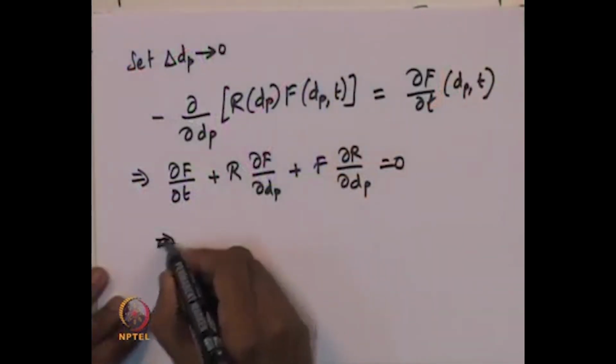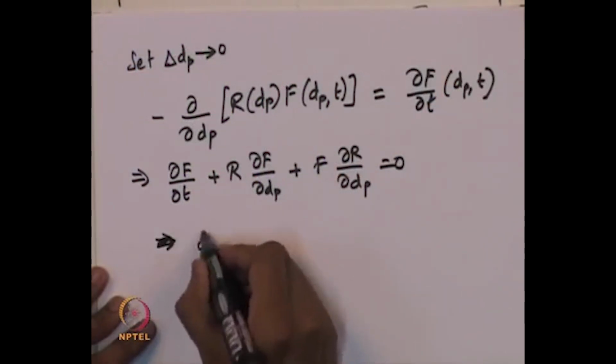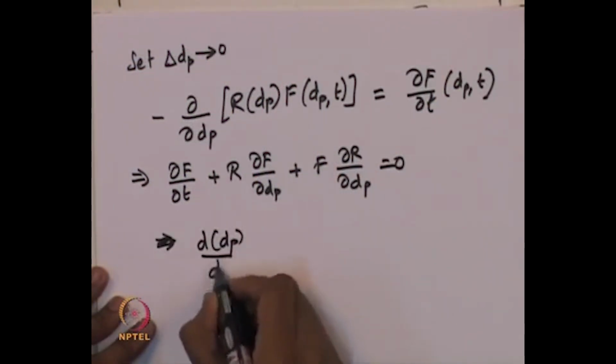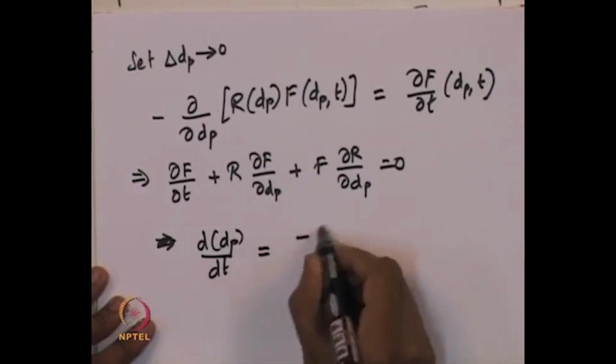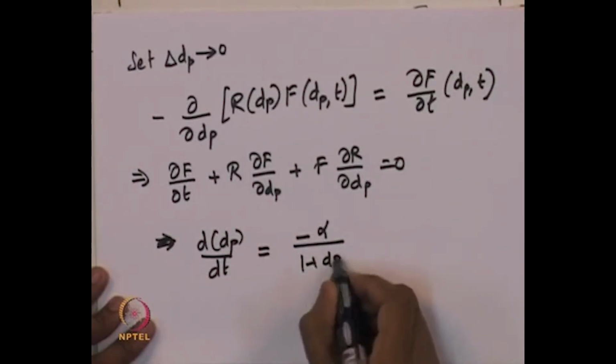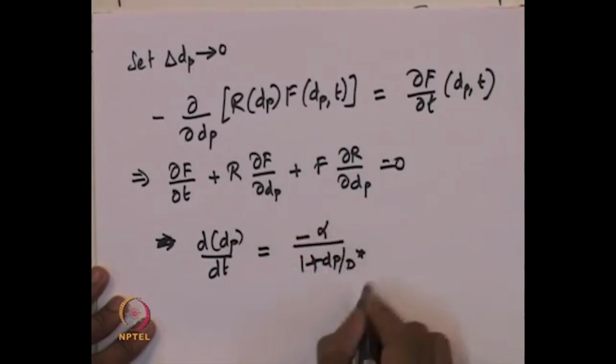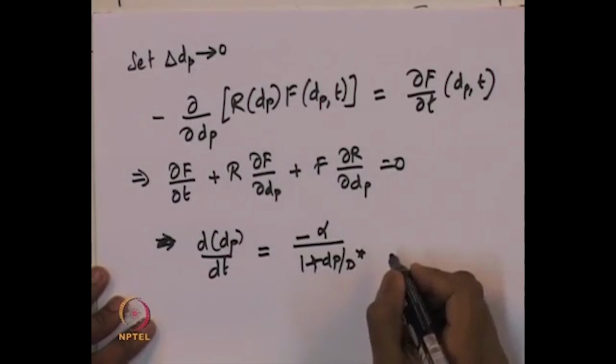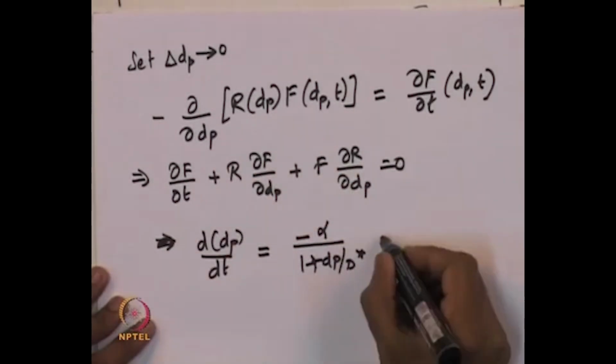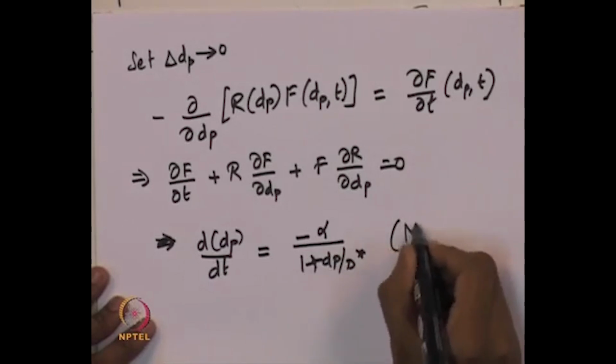So, for every particle of a certain size, that expression can be used as the growth rate of the particle of that size. So, d dp by dt is equal to minus alpha by 1 plus dp by d star. That is the rate at which the monodispersed particles are dissolving. Plugging that into the population balance, we will find the result, so this is for the monodispersed case.